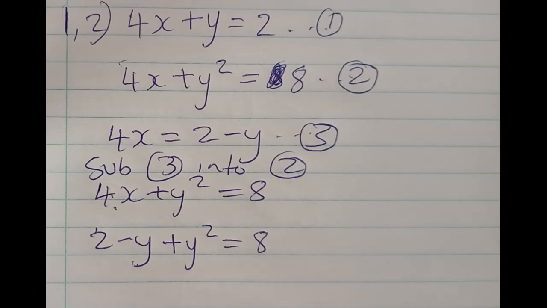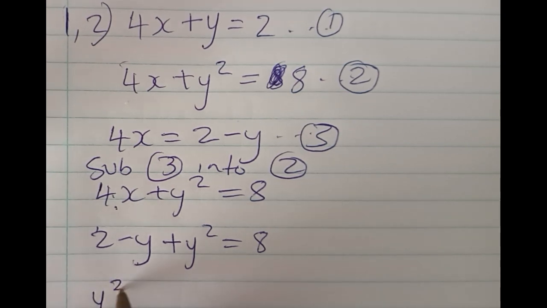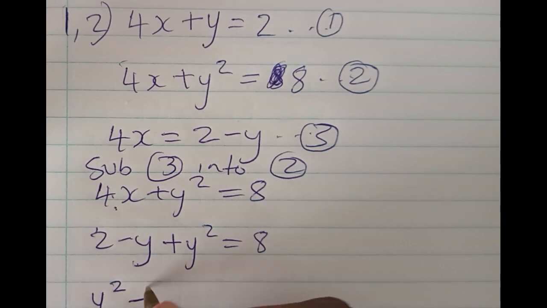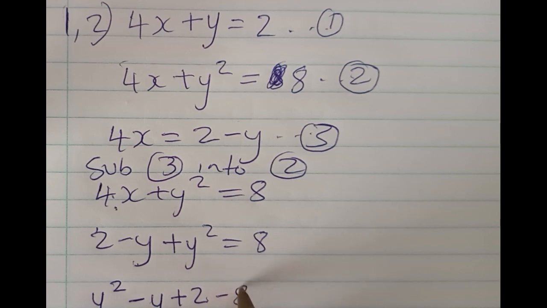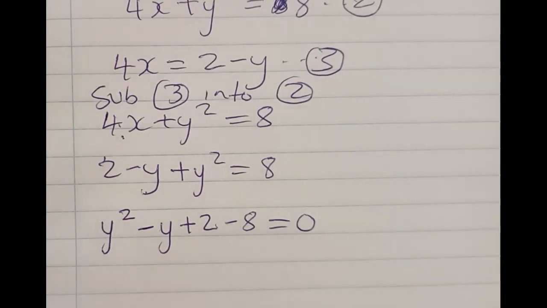So when it is like this, now I'll have to take 8 to the opposite side. So if I take 8 to the opposite side, remember it is not in a standard form. So I'll put it in a standard form and say y square minus y plus 2 minus 8 is equals to 0. You know why?